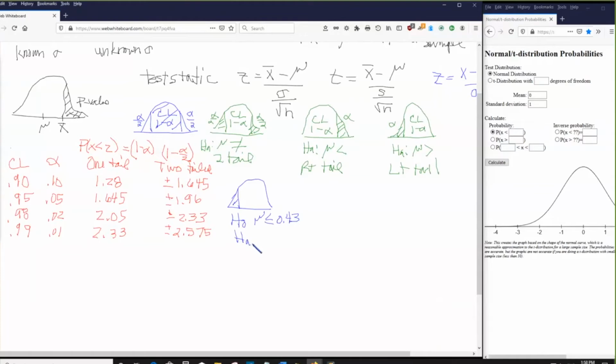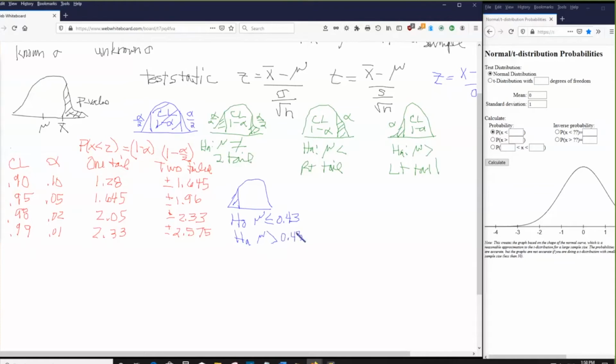My alternative is that the mean is greater than 0.43.